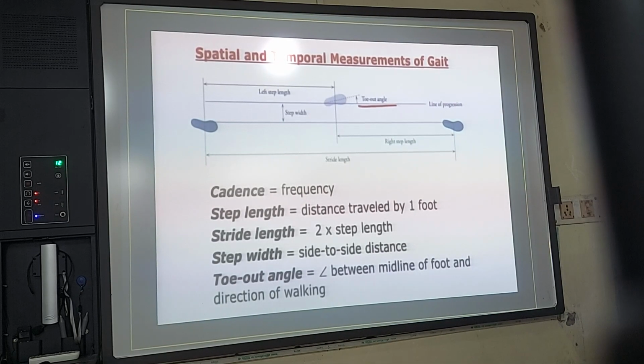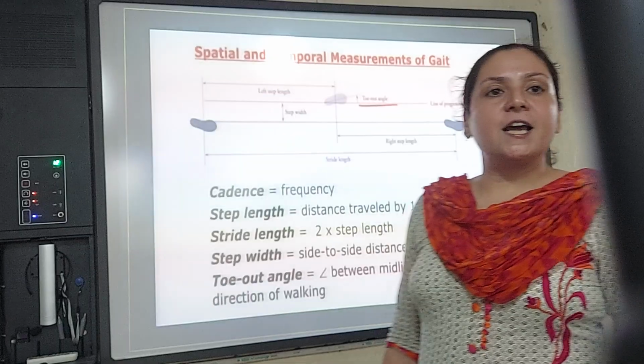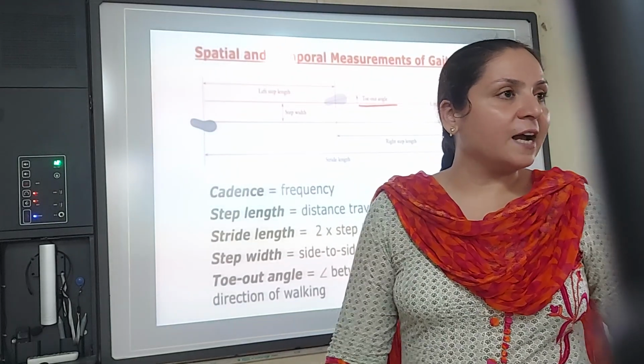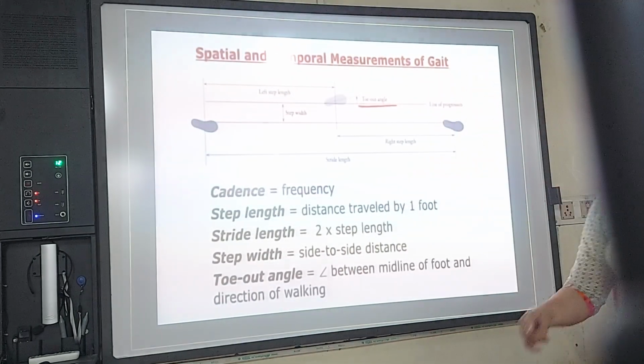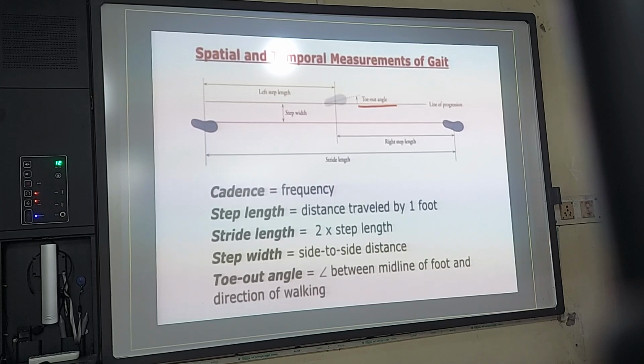A gait cycle is when the heel strikes, if I take the right foot, when I go for a heel strike of the right foot, and again go for a heel strike of the right foot, that will be my gait cycle. And if I do it like this, this will be my left foot step length.